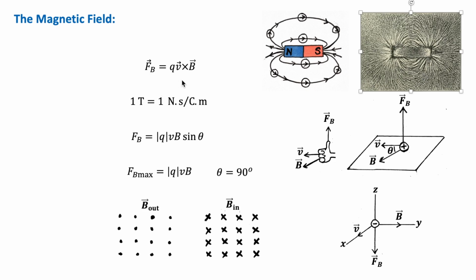In the same way that we can detect the existence of an electric field by placing a test charge at a certain point, the existence of the magnetic field at a certain point can be found by measuring the magnetic force Fb experienced by a test charge placed at that point.